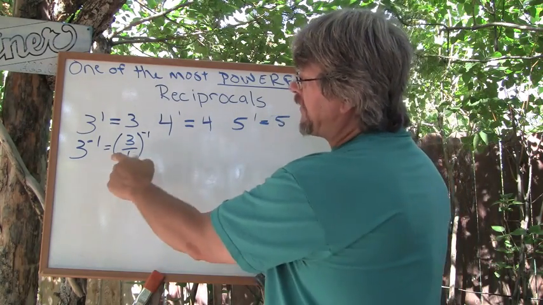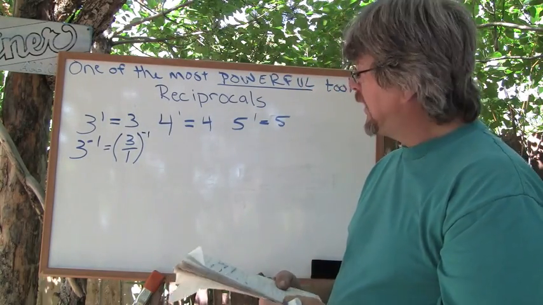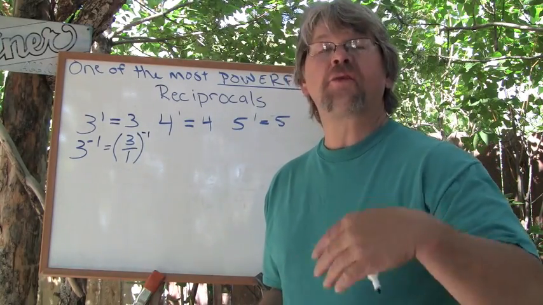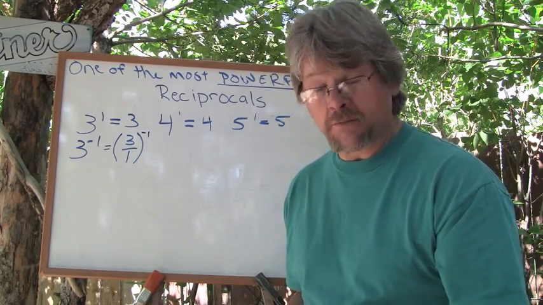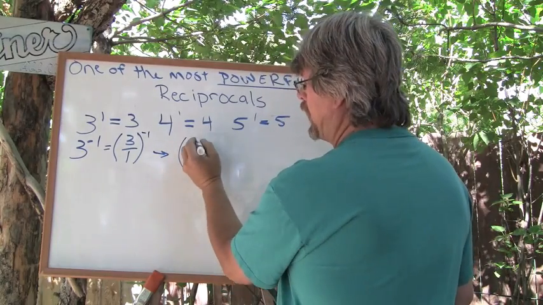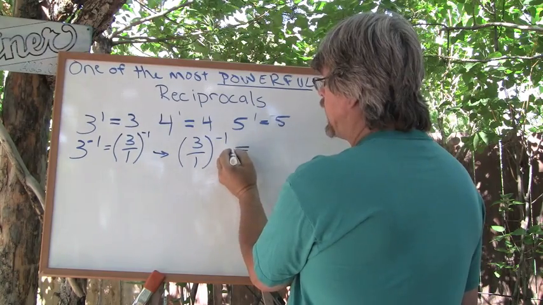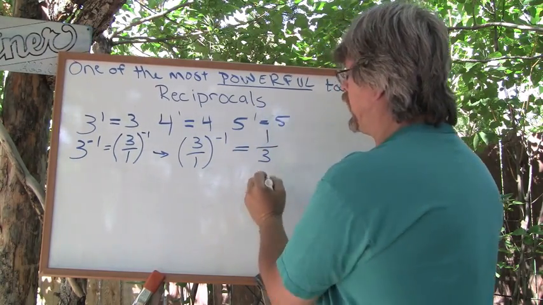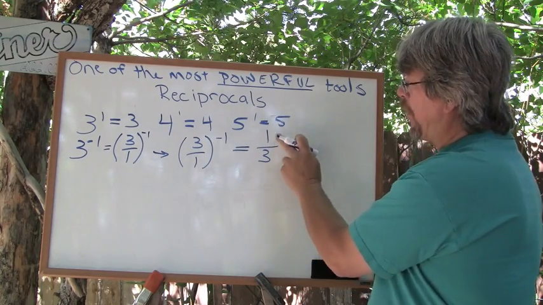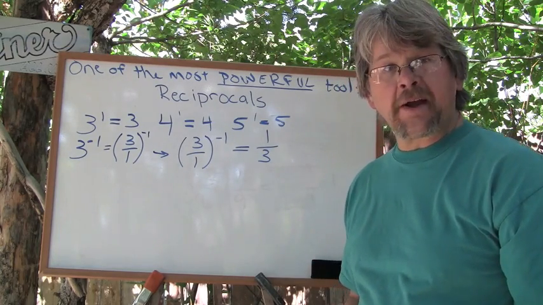So when we raise a fraction to a negative exponent, especially to the negative 1 power, it is the same as taking the reciprocal of the fraction. So what this means, in simple language, is 3 to the negative 1 equals 1/3. We take the 3 over 1 and we flip it over to 1/3. We take the reciprocal whenever we have a negative 1 exponent.